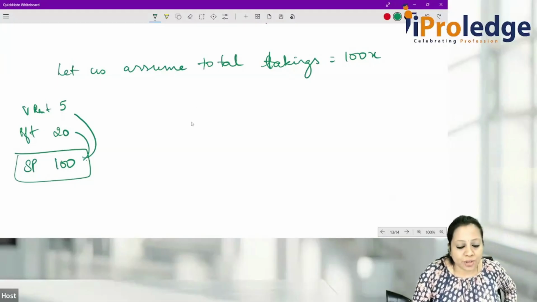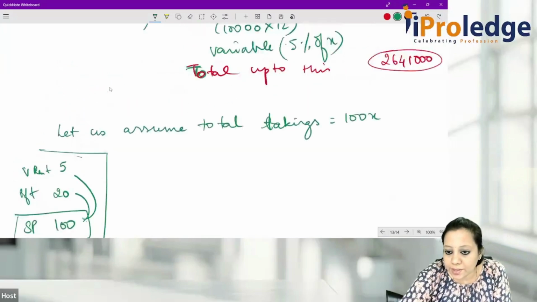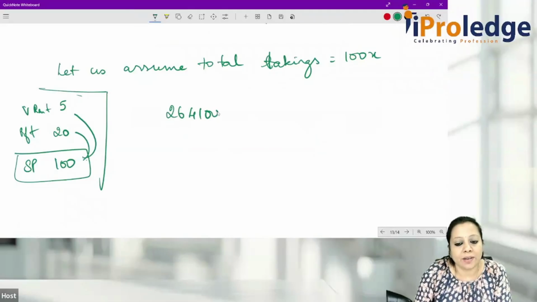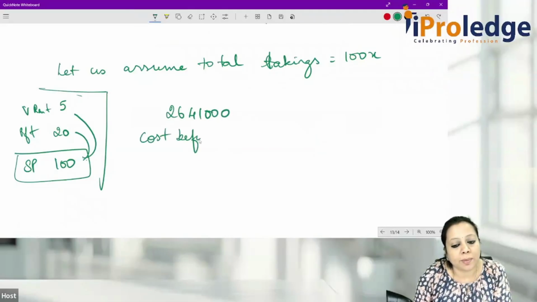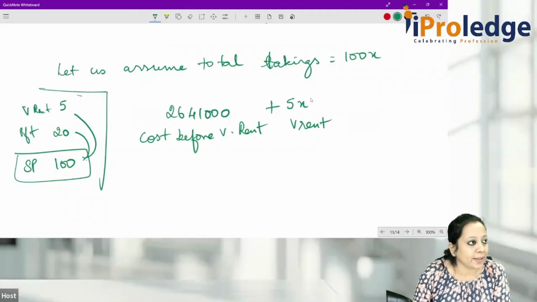Which means, can I say, this is the total 26 lakh 41,000. 26 lakh 41,000 is the cost before variable rent, plus variable rent, that is 5x. Okay.